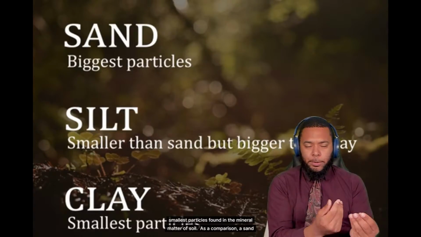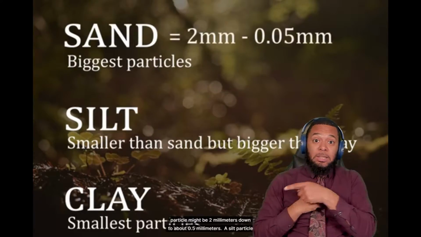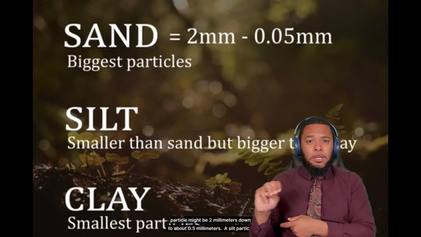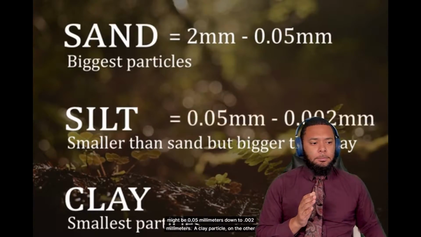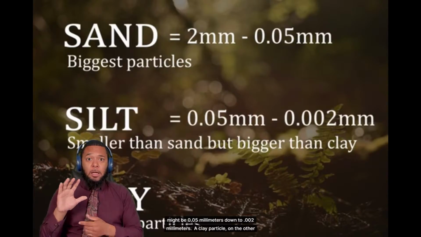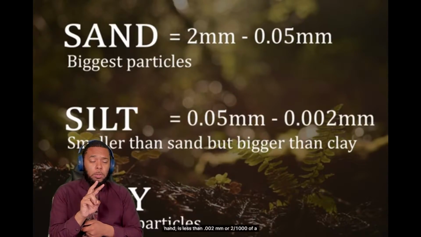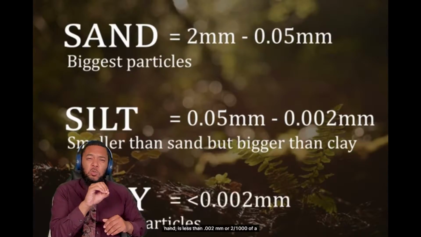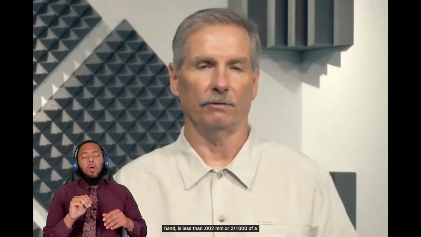As a comparison, a sand particle might be 2 millimeters down to about 0.5 millimeters. A silt particle might be 0.05 millimeters down to 0.002 millimeters. A clay particle, on the other hand, is less than 0.002 millimeters, or 2/1000ths of a millimeter.